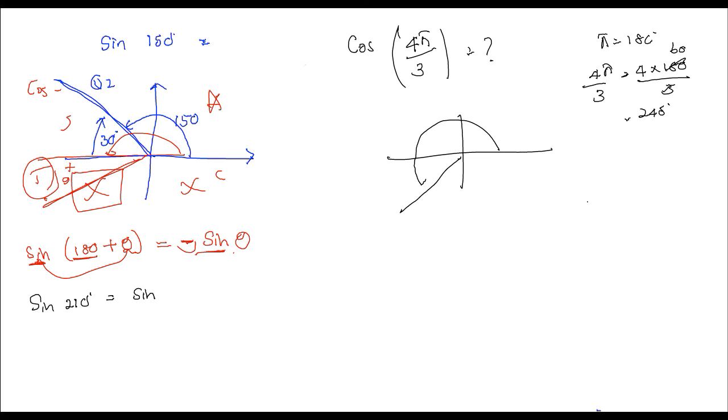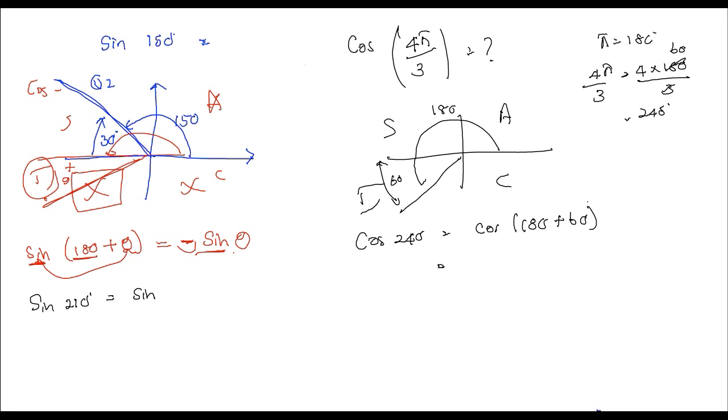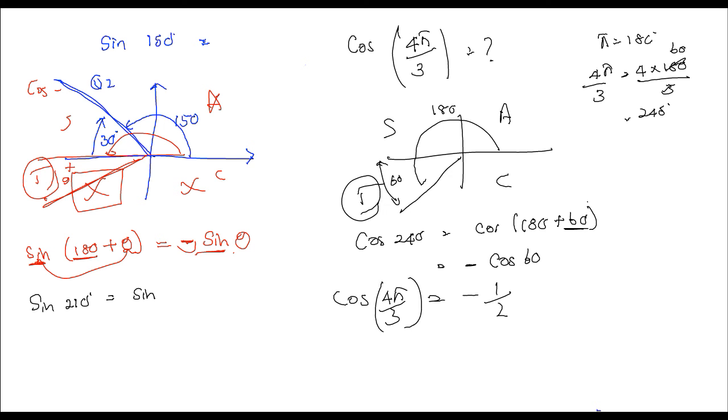So cos 240 would be cos(180 plus 60). Now from ASTC, the sign of it would be negative because cos is negative. Then cos 60 would be half, so minus half. So cos 4 pi over 3 would be minus half.